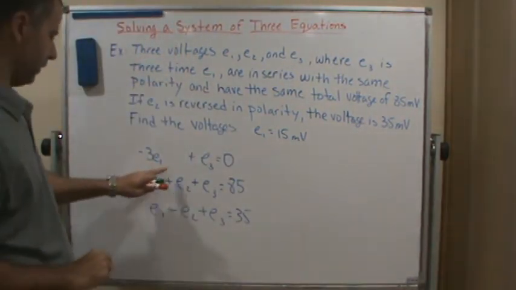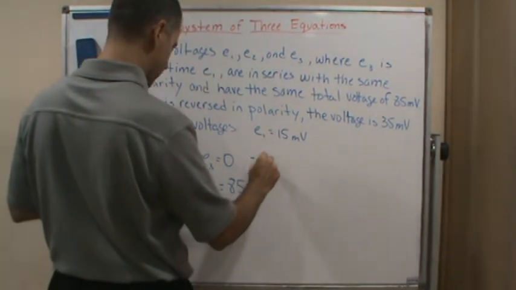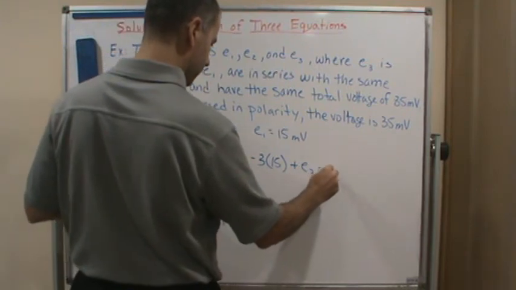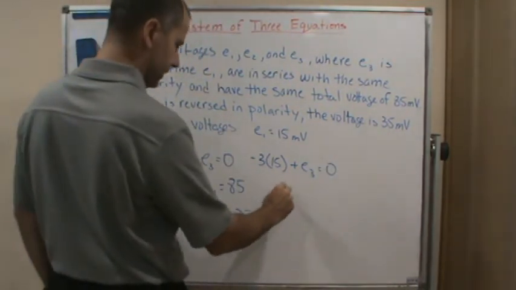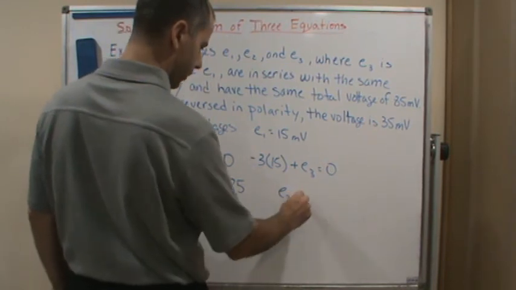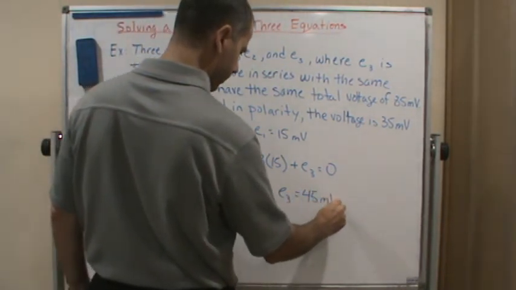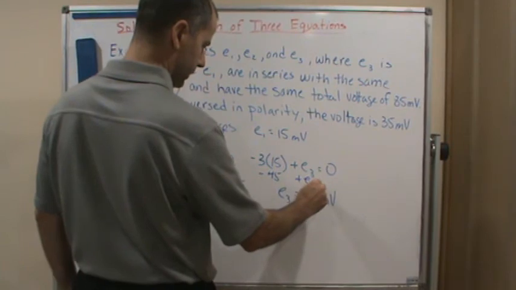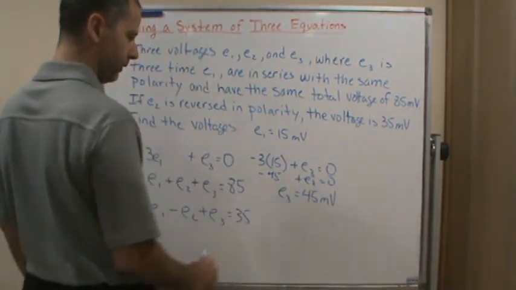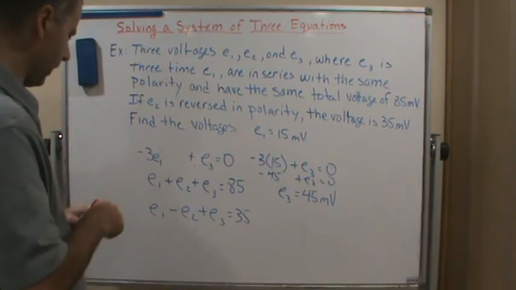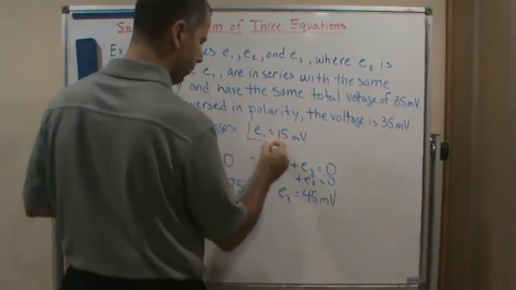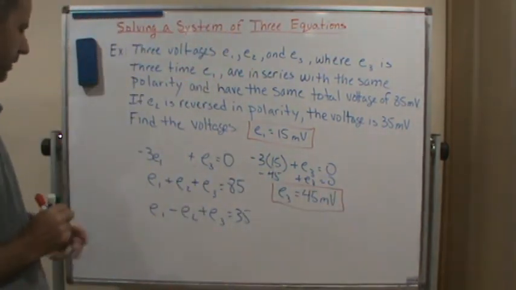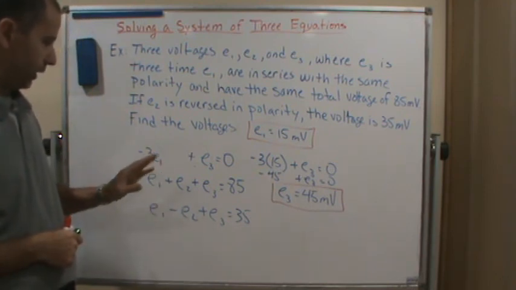So now let's plug in here and find E3. That means negative 3 times 15 plus E3 equals 0. So that means E3 equals 45 millivolts, because this becomes negative 45 plus E3 equal to 0, and then you just add 45 to both sides. So far we've got two of them: we found E1 and we found E3.